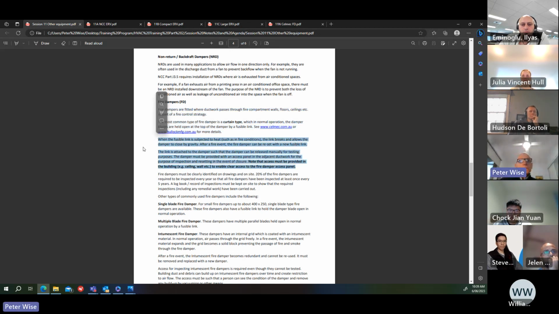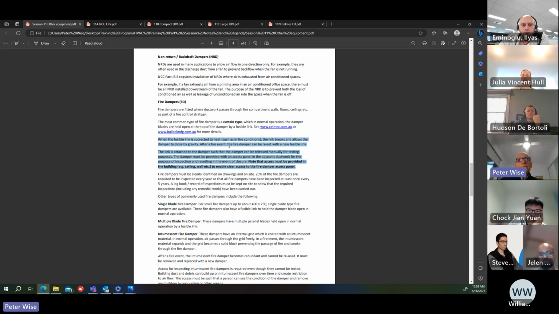When the fusible link is subjected to heat, such as in a fire, the link will break and allow the damper to close by gravity. So when that link's gone, at about 70 degrees Celsius, the link will break and the damper will fall down and close up the duct to prevent fire passing through.